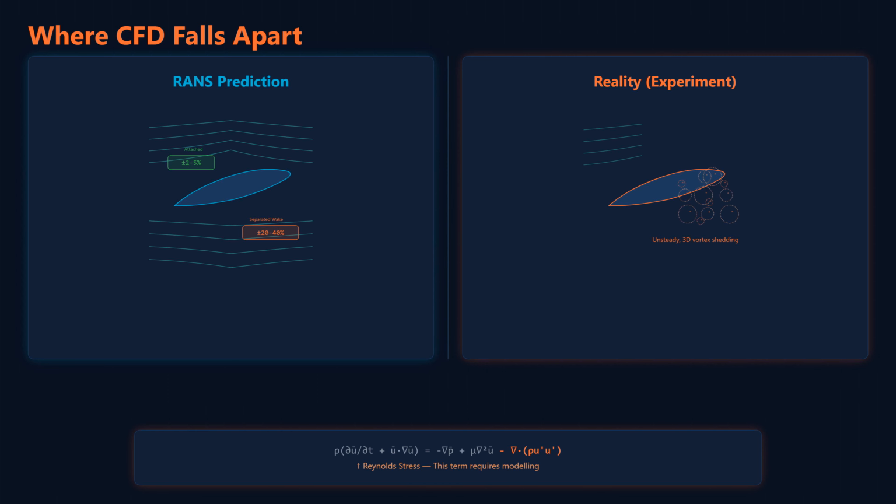But hit massive separation, a stalled wing, the wake behind a bluff body, and RANS can be off by 20 to 40%. The physics of separated flow is inherently unsteady. Averaging it away isn't a software bug, it's a fundamental limitation. In a moment, we'll see why even the most expensive approaches can't fully solve this.